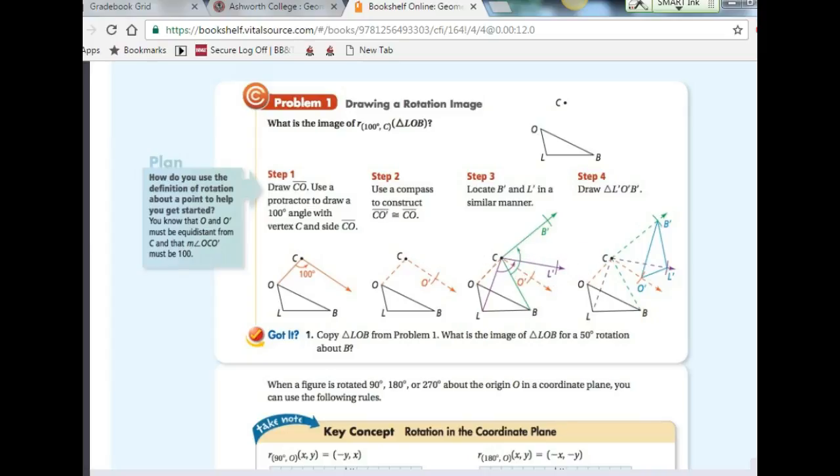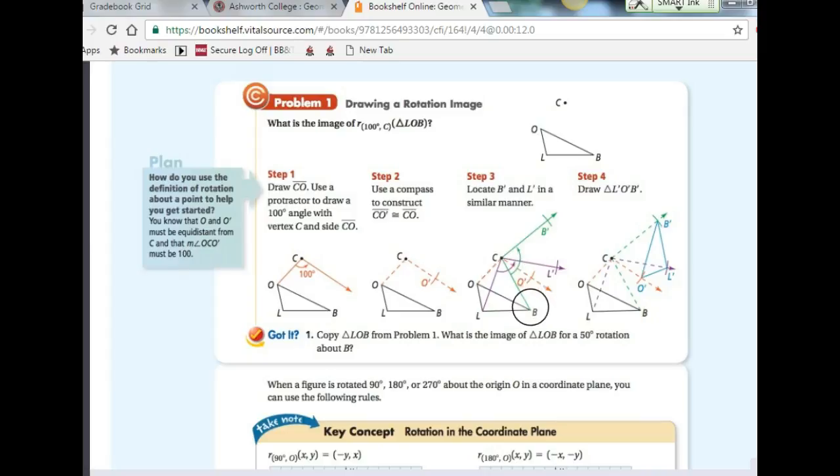Now, not only does that establish the degree, but then you would have to use your compass to measure from C to L and make sure from C to L prime is the same length. And again, when you get that point where they cross, that's going to be not L, but L prime. And then hopefully you can see in green they've done the same thing.